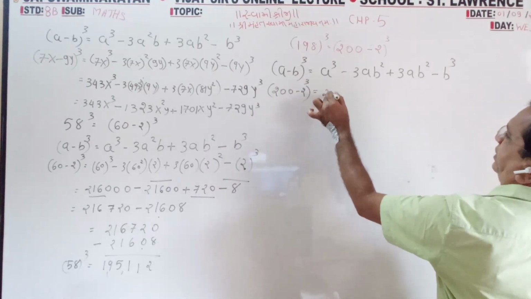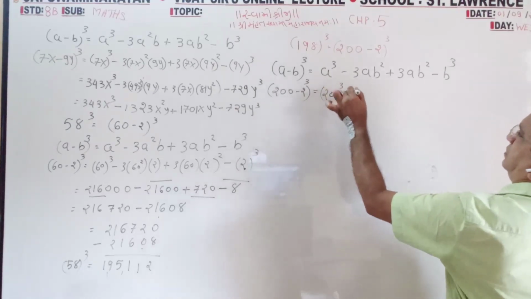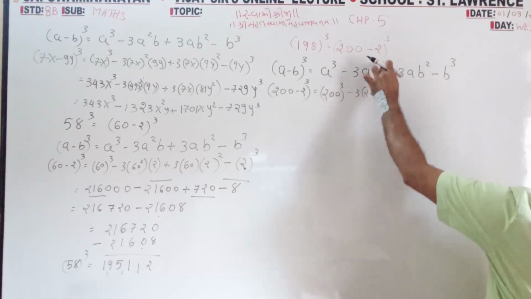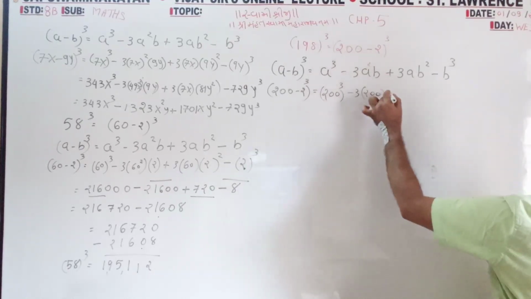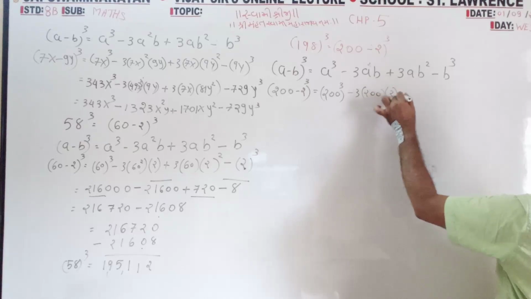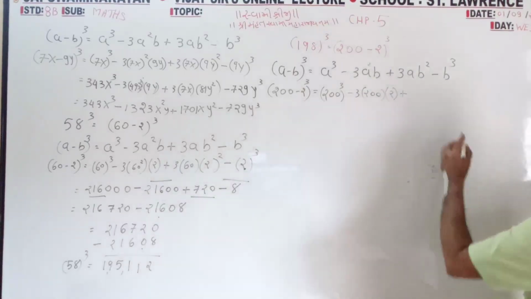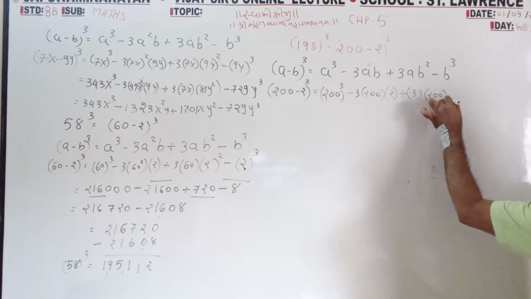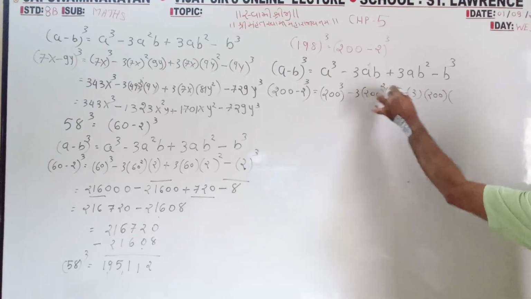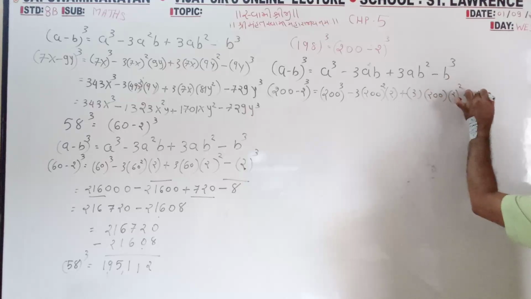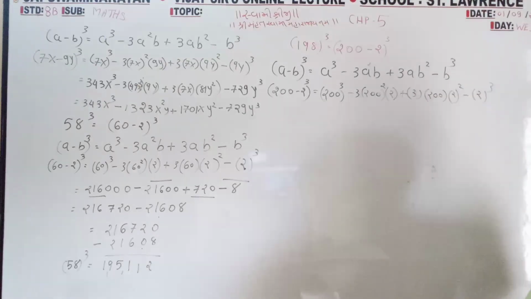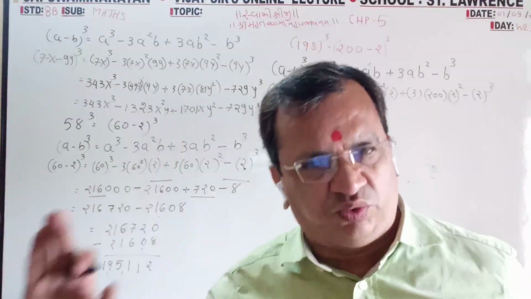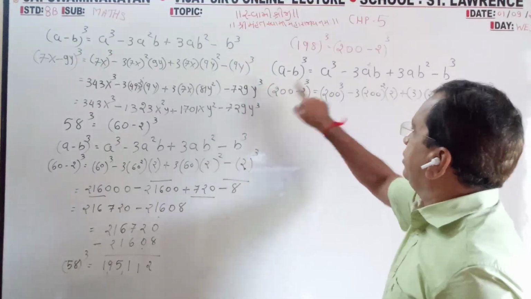So 200 cube, minus 3, 200 square times b, that means 2, plus 3 times a, so 200, times 2 square. 198 is equal to 200 minus 2, so your a is 200, your b is 2.